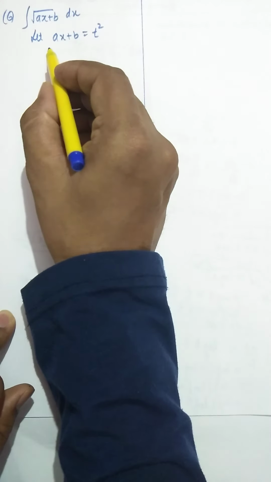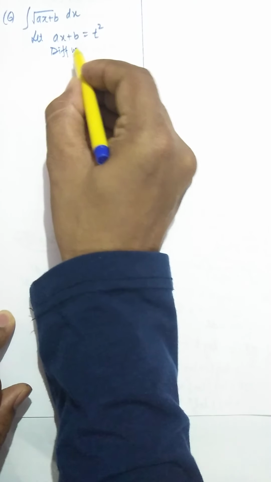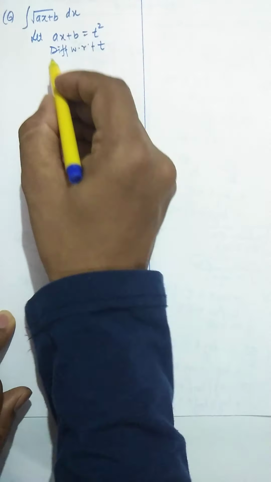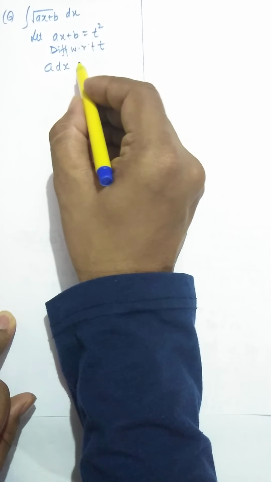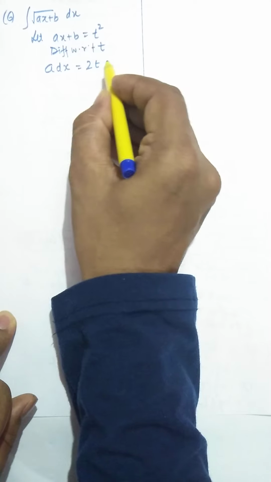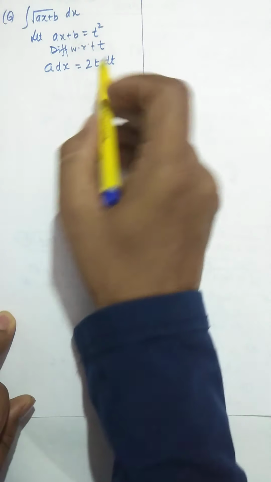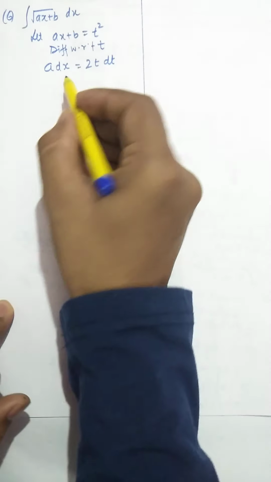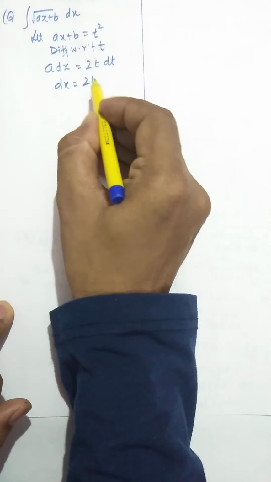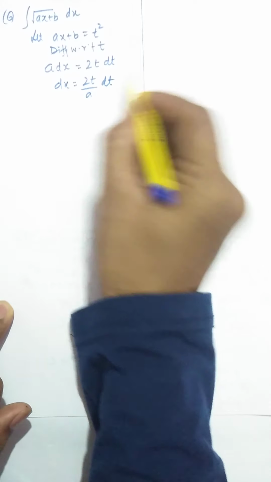So here you differentiate with respect to t, then it will be a, this is going to be dx plus b is 0, and this is going to be 2t, and this is t. So you can now write dx as 2t upon a, and this is dt.